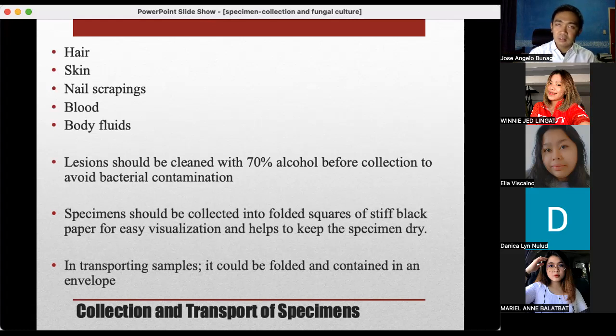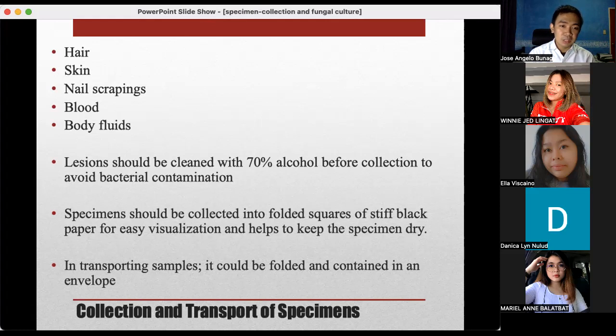Okay, another, we have your skin. Yung skin samples are usually scraped from the outer edge of the surface lesion. Ideally, i-disinfect po muna natin yung site kung saan tayo mag-i-scrape ng 70% alcohol. And pagdating sa laboratory ng ating mga skin scraping sample, we will subject that to KOH wet mount, and it must be prepared to break tissue debris.